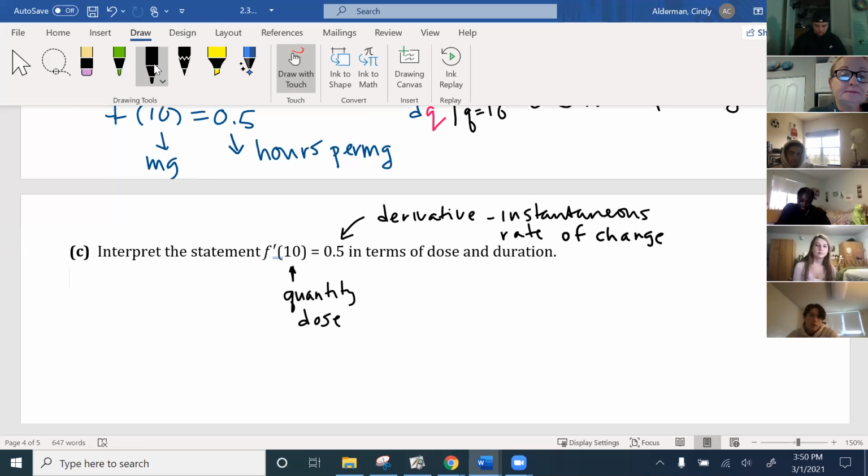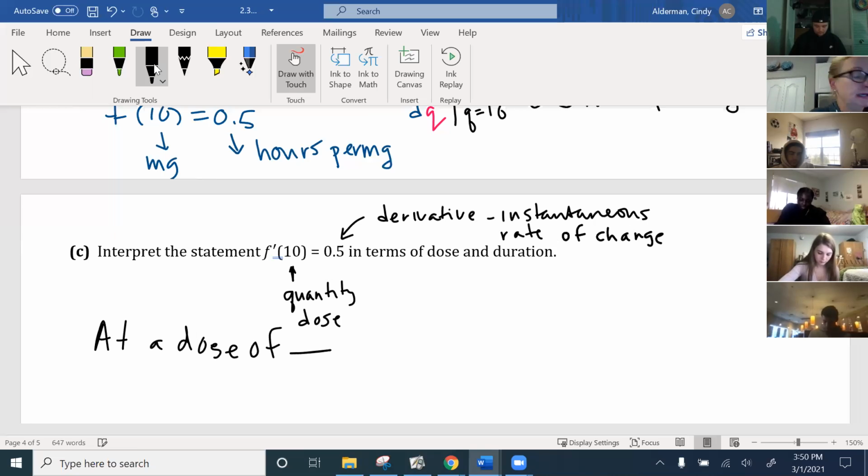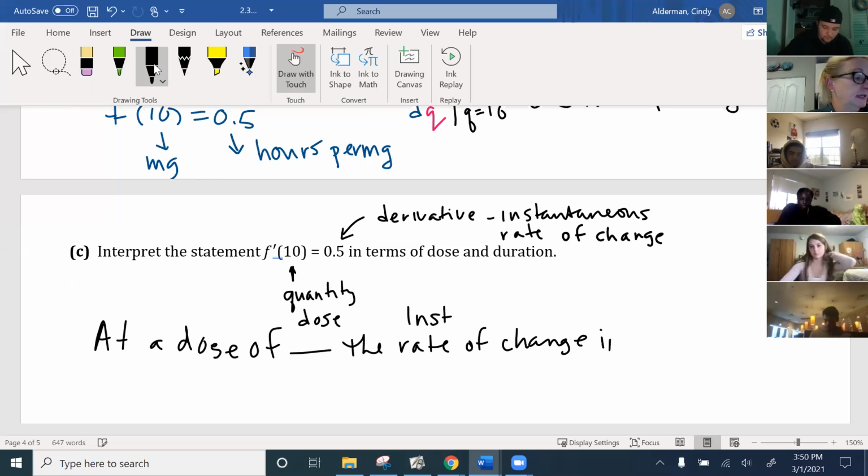So we can say at a dose of blank, the rate of change, I should say instantaneous, in time is blank hours. So what do you guys think?